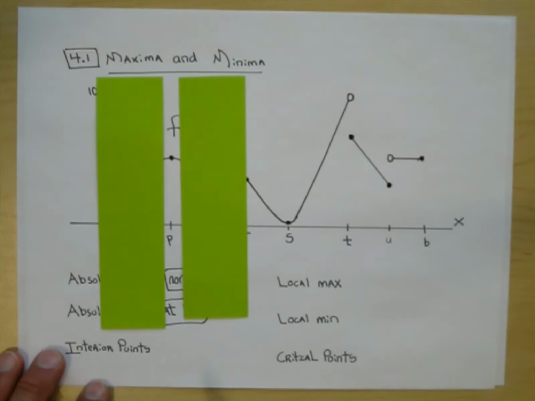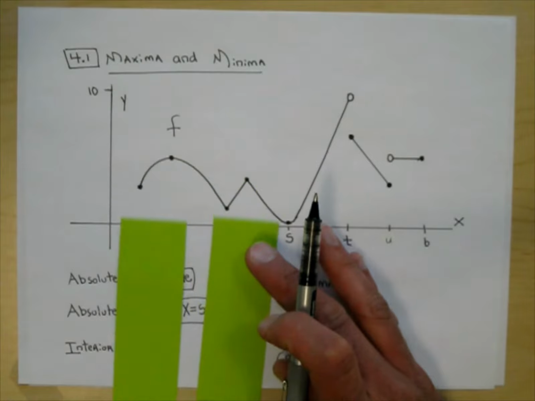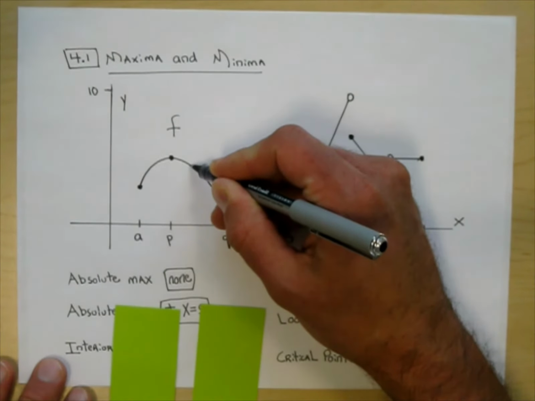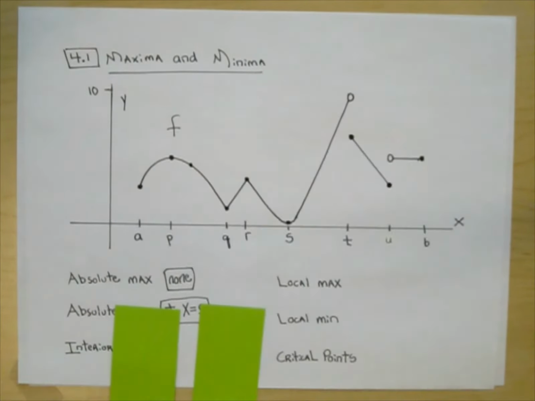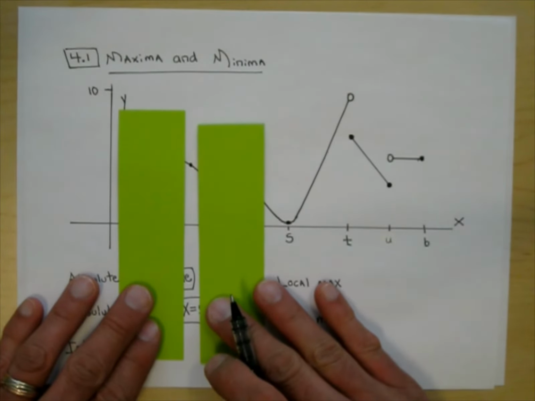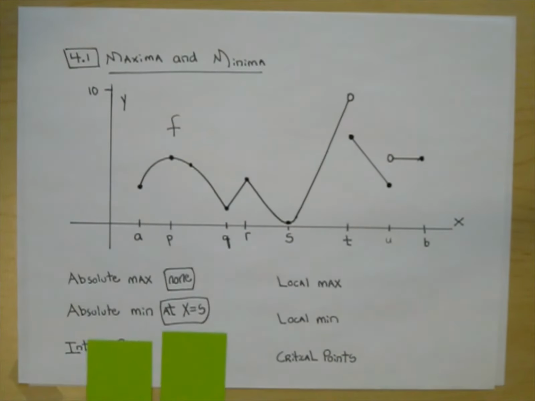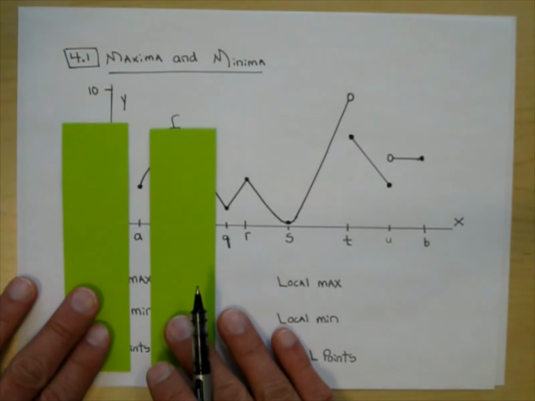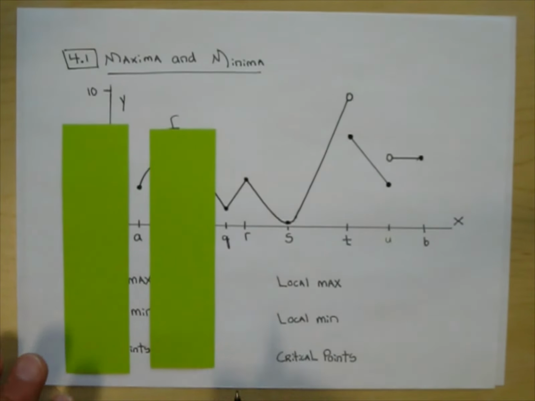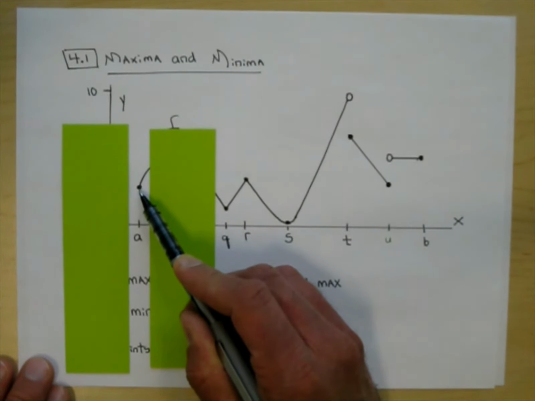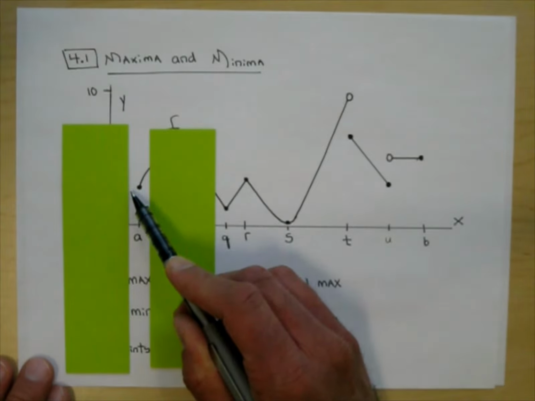And so we'd say point P is an interior point. In fact, this point right here, which was not actually labeled on the x-axis, is an interior point because there's graph on both sides. So all these points are interior points, but you have to say that A is not an interior point because it does not have graph defined on the left side of it.